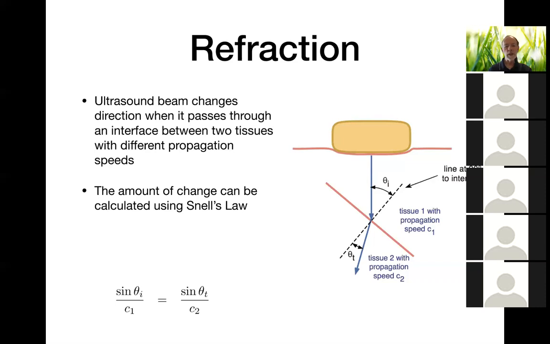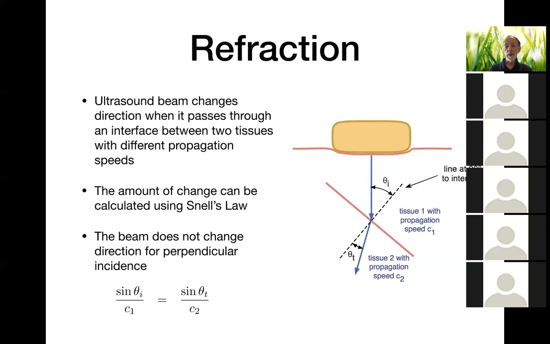One of the things we can see right away is that if c1 and c2 are the same, the angles must be the same. In other words, there's no refraction. If c1 and c2, the propagation speeds, are different, the angles must be different as well. And therefore, this refraction effect will occur whenever the propagation speeds are different.